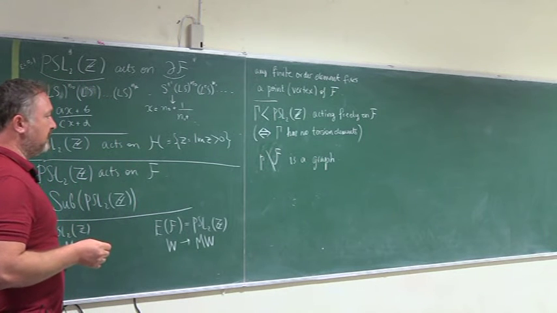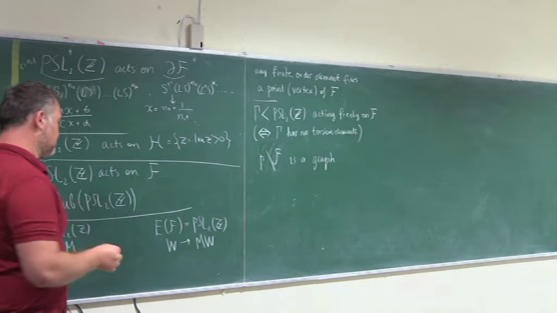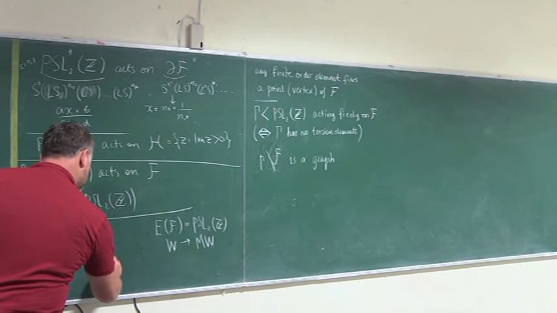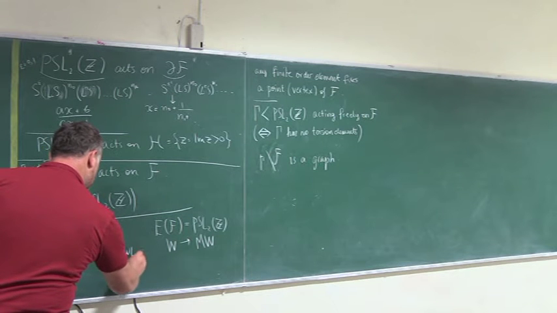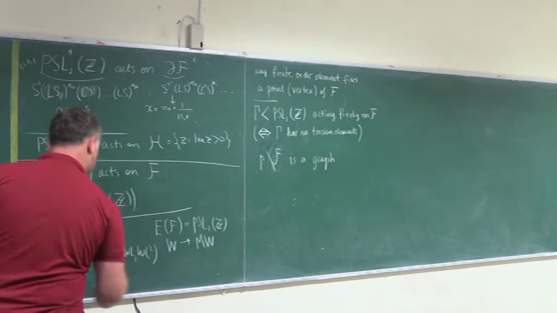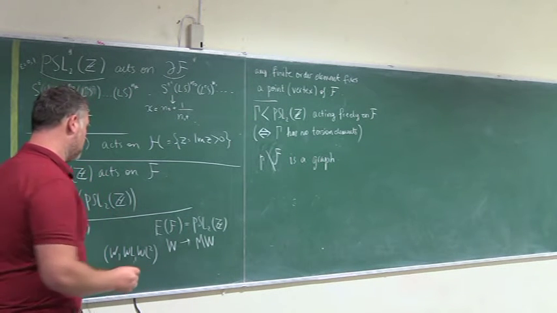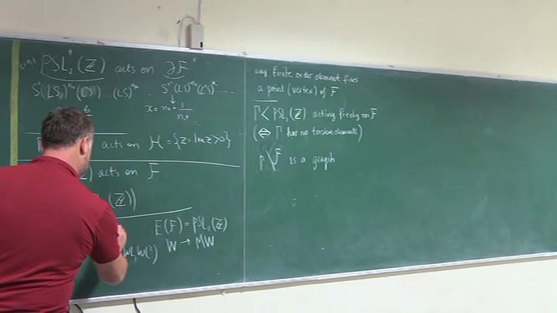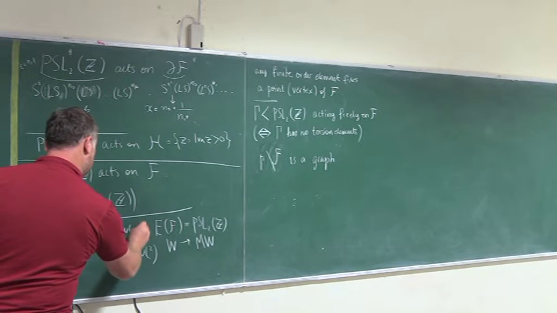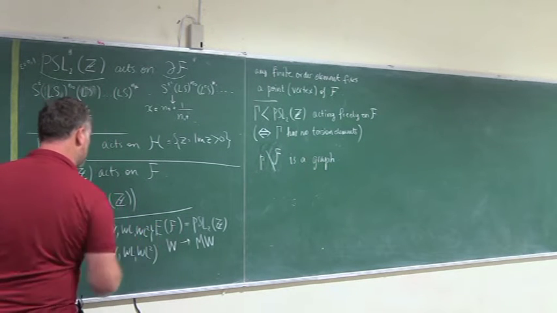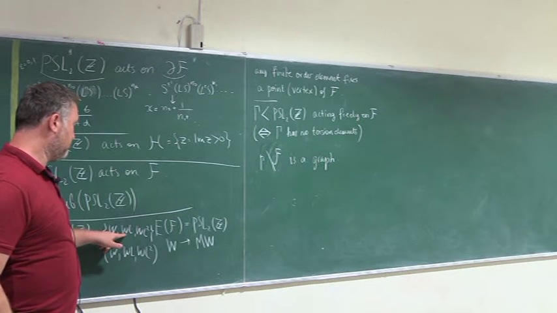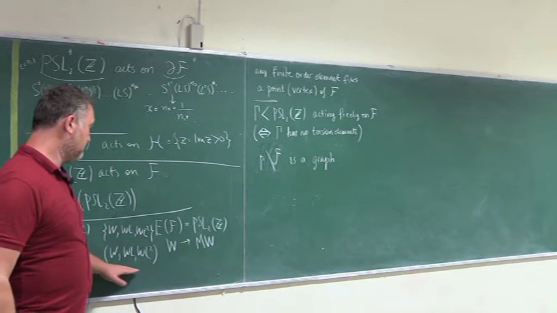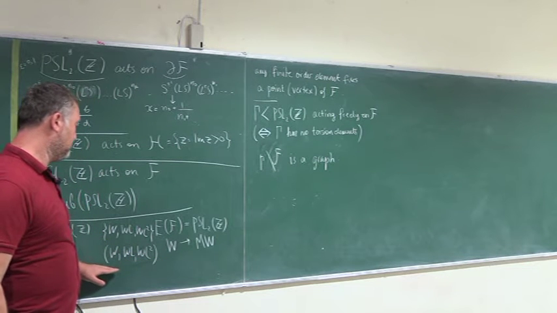Since it preserves this ribbon structure, that is simply the orientation of each vertex as W, WL, WL square. So the edges emanating from the vertex named W, WL, W square are cyclically ordered in this way.